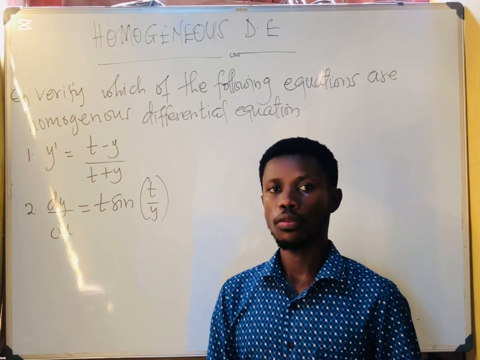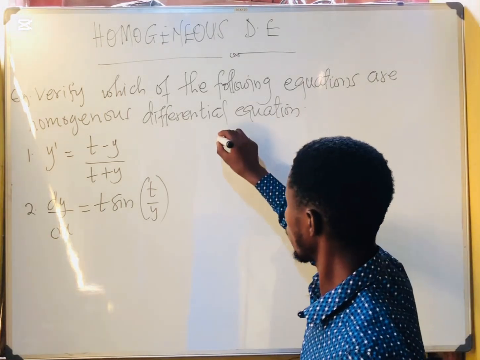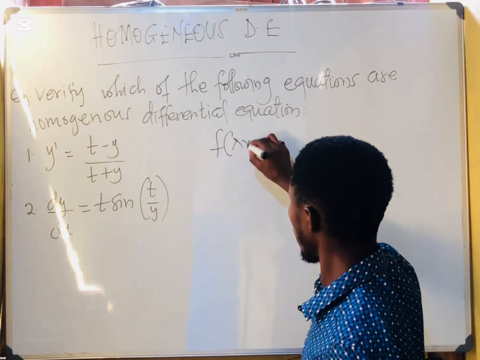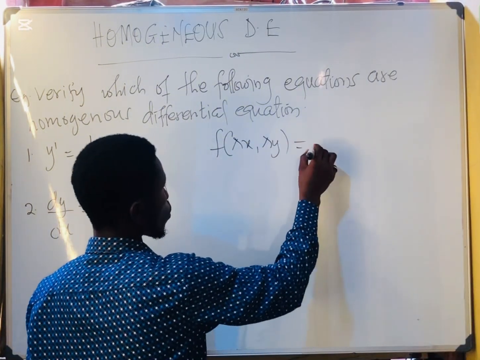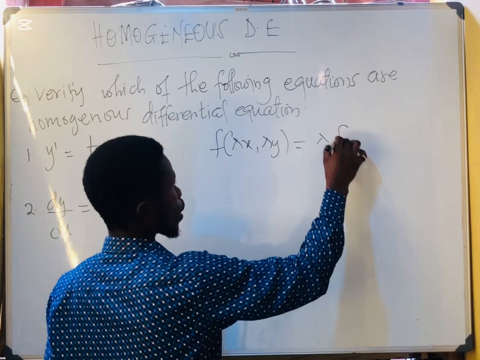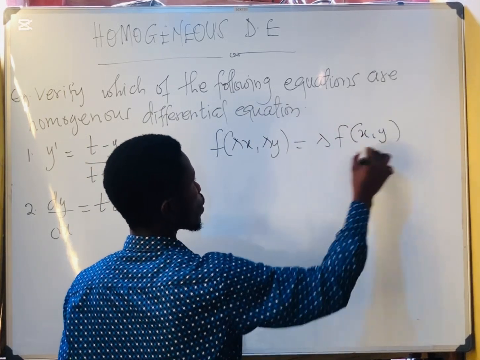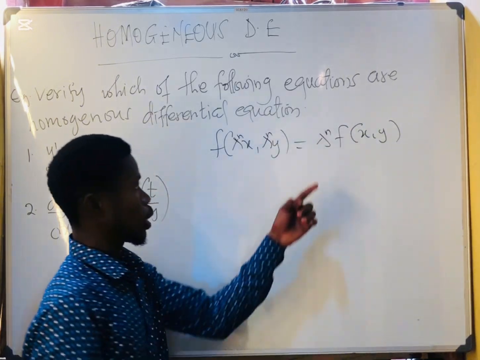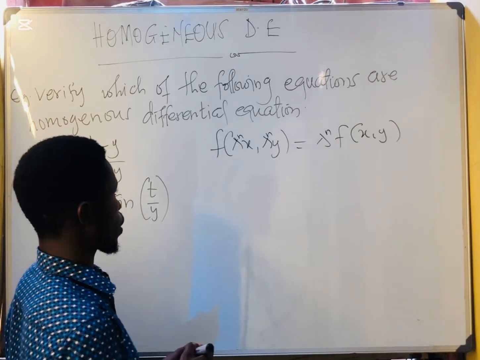If you have forgotten the definition of a homogeneous function, we said that for a homogeneous function, f(lambda x, lambda y) is always given as lambda to the n times f(x, y), okay? So let me put n here, so that n is the degree. Okay, so now let's pick the first example.